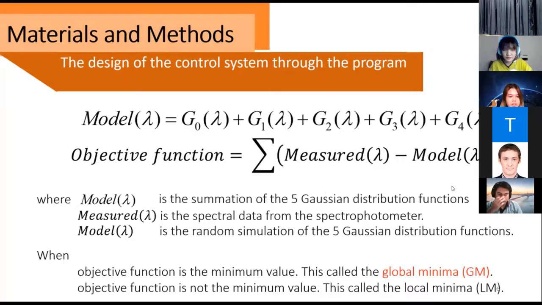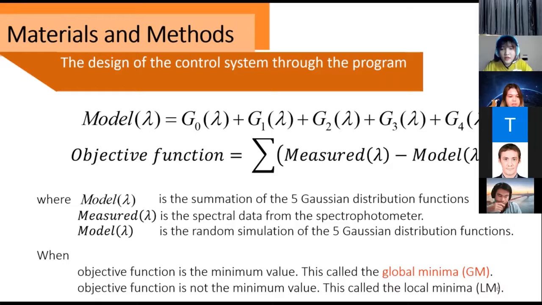On the next slide, when we create the equation, the next step is to get the new parameter we call the model. The model is the summation of the Gaussian functions, and we use it to evaluate the 55 variables to predict the spectral response.